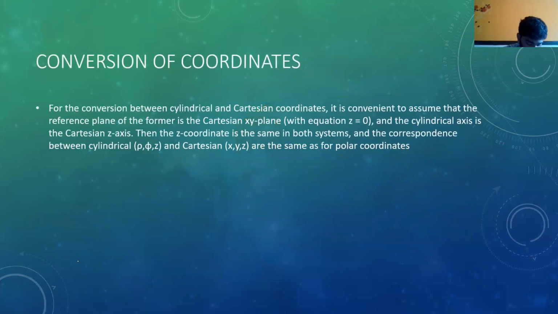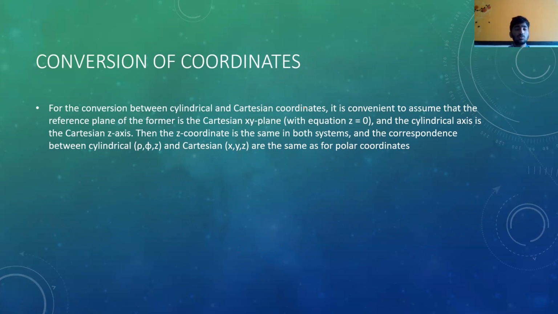Conversion of coordinates. For the conversion between cylindrical and Cartesian coordinates, it is conventional to assume that the reference plane is the Cartesian xy plane with z as 0, and the cylindrical axis is the Cartesian z-axis. Then the z-coordinate is the same in both systems.